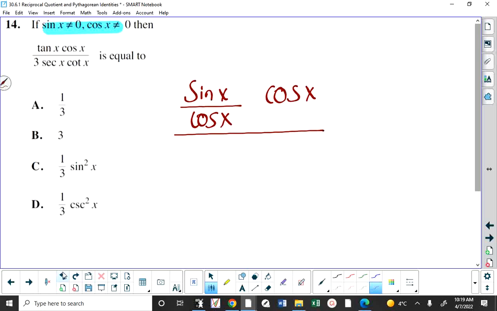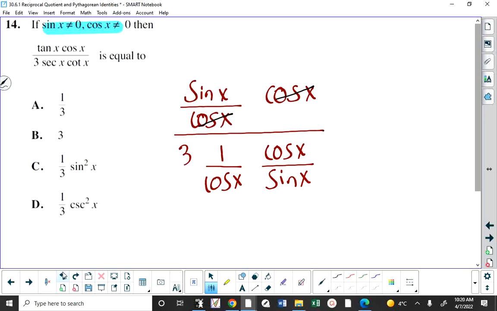And then on the bottom we have 3 multiplied by secant, which is 1 over cos x, multiplied by cotangent, which is cos x over sine x. Now, don't dive into getting rid of those mini denominators just yet, because it turns out the coses take care of themselves.